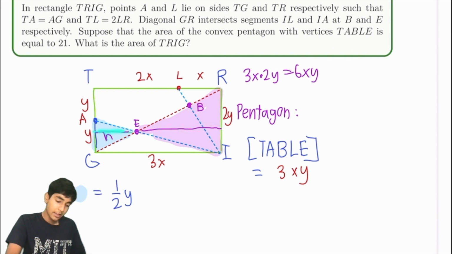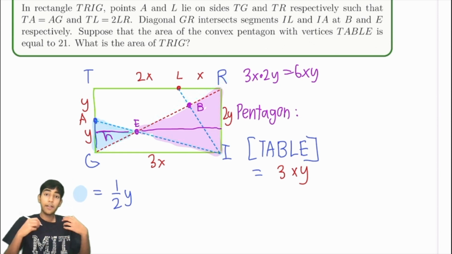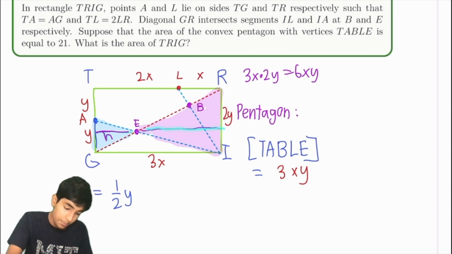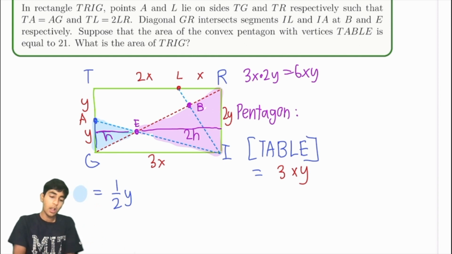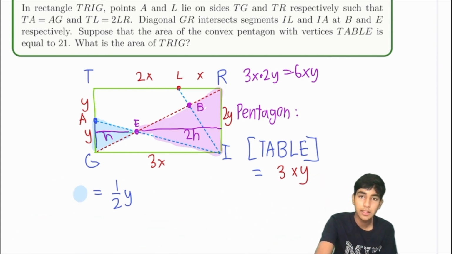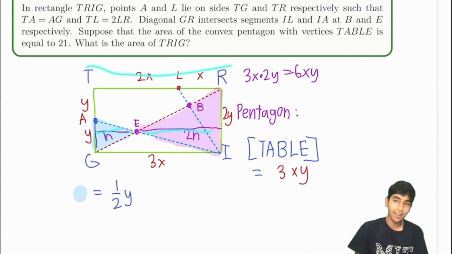This triangle over here is 2 times bigger than this triangle here. So the sides are all 2 times bigger, so the height will be 2 times bigger as well. This will be 2h. But we don't know what h is in terms of x and y. The key thing to do here is we can see that both h and 2h combined make up 3x.